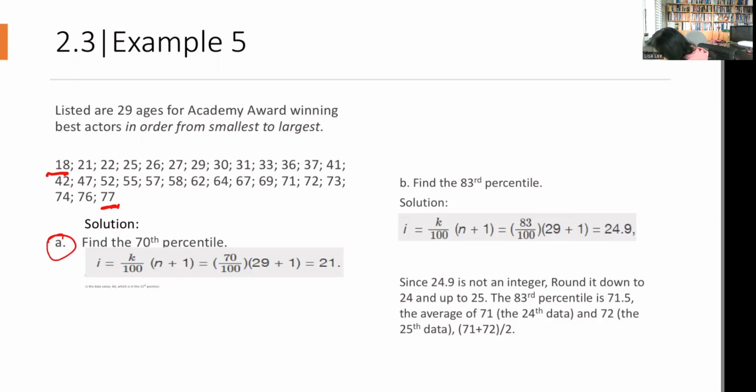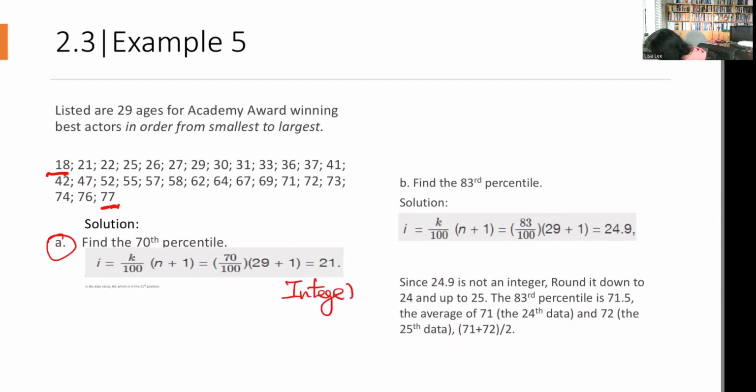So replace K with 70 over 100, then multiply by N plus 1. N is 29, right? 29 actors. So we put 29 plus 1, multiplied by 70 over 100, which is 0.7. That gives 21, exactly an integer, a whole number.